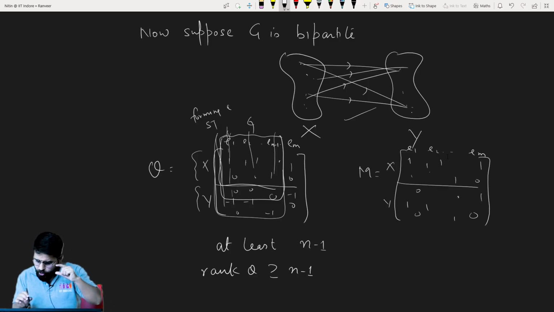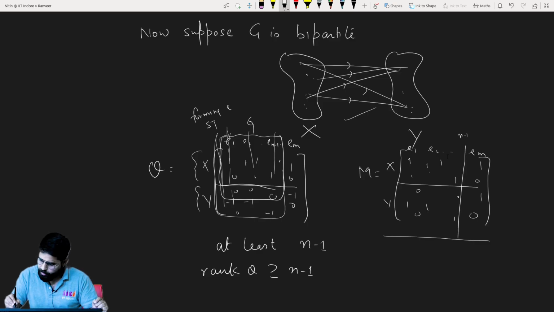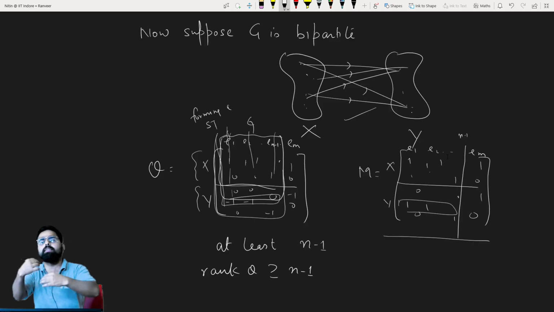But now what about the rank of this? If you pick the same n-1 columns here, or any window of n-1 rows here, these rows only differ by the signs. So basically these rows are just a scaled version of these; scaling means you are just taking the negative.